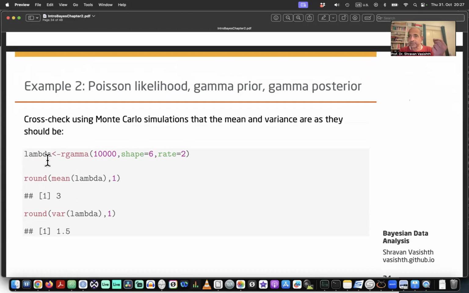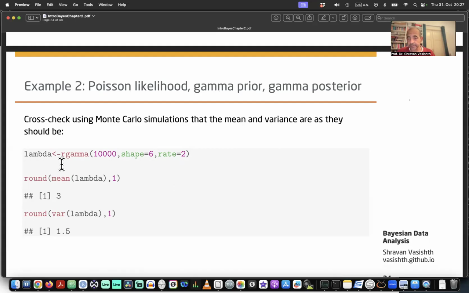One easy way to check is: if you set the shape and rate parameters to 6 and 2, is the mean and variance actually 3 and 1.5? You can check that by just doing some Monte Carlo simulations. Just generate 10,000 simulated data points from a gamma distribution with shape 6, rate 2, and then compute the mean and the variance.